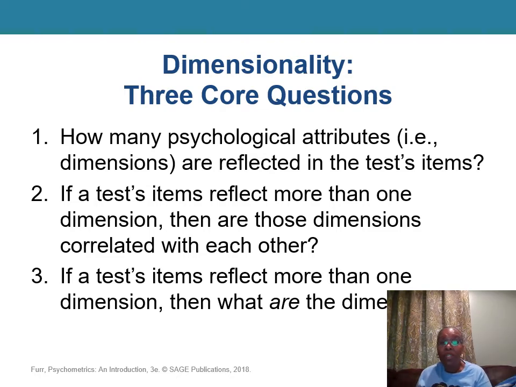Which dimensions are going to represent the attribute that we're trying to measure in the first place? More or less, the psychological meaning of test dimensions, after we looked at the first two issues, the number of dimensions reflected in the test items and the association among multiple dimensions, is the third important dimensionality issue that needs to be examined.